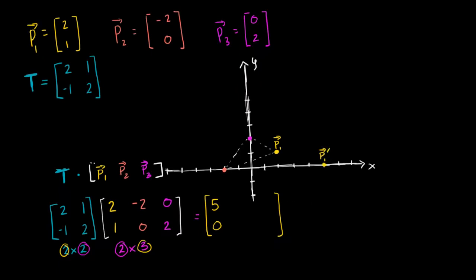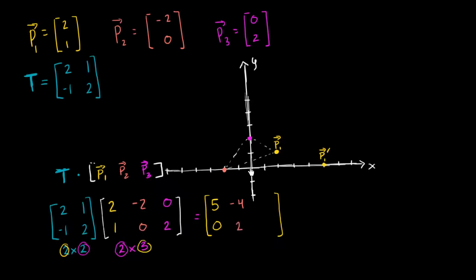Now let's go to P2. 2 times -2 is -4 plus 1 times 0. So it's -4 plus 0, which is just -4. And then -1 times -2 is +2 plus 2 times 0, which is just going to be 0. So it's going to be +2 plus 0, which is just 2.